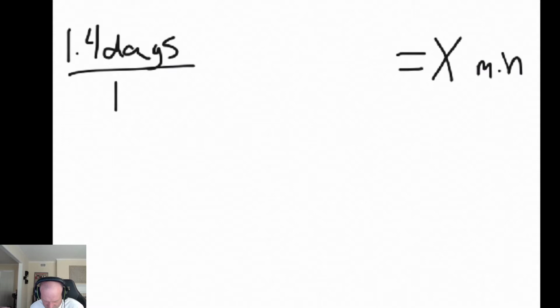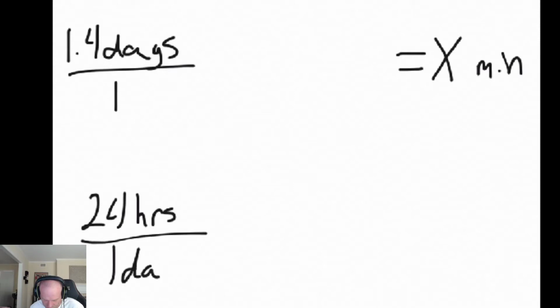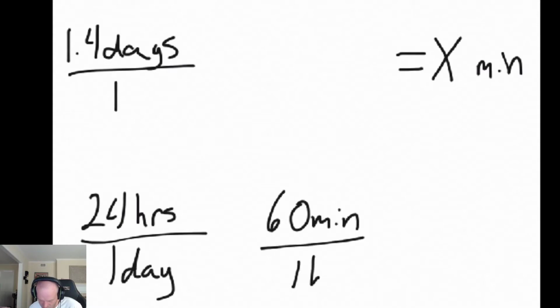Now I'm going to start setting up conversion factors. How would I get from days to minutes? First, let's do hours in a day because I want to go from left to right. There are 24 hours in 1 day. And now I need to go from hours to minutes. So there are 60 minutes in 1 hour.